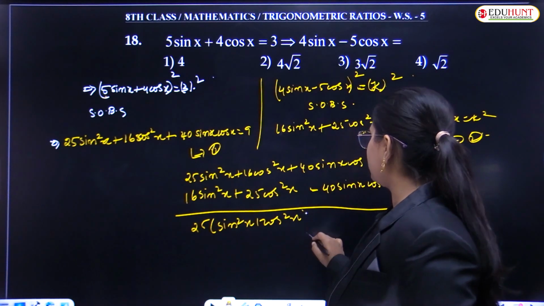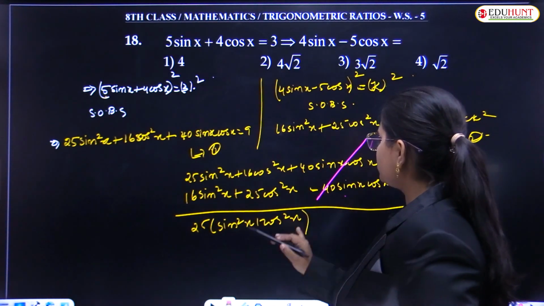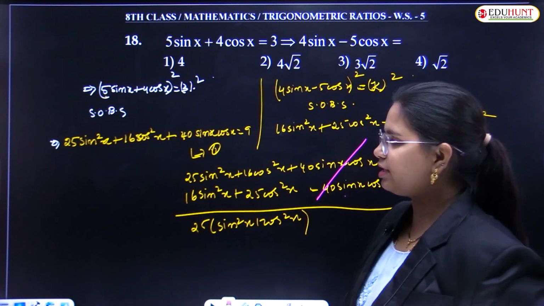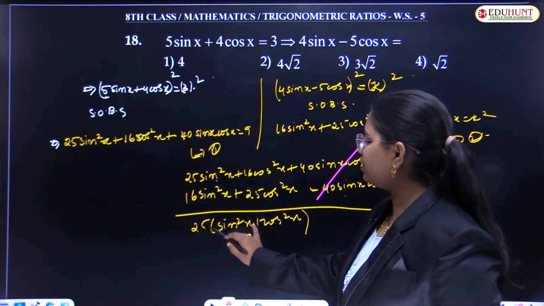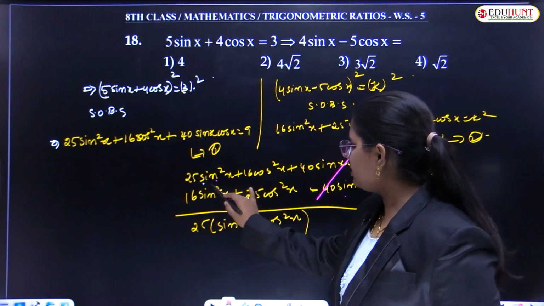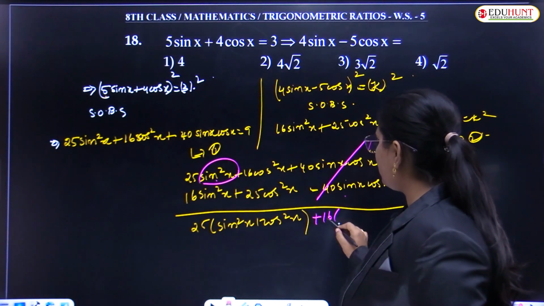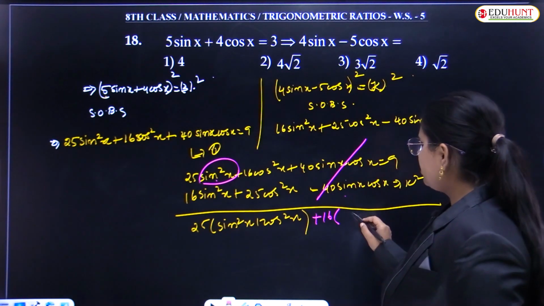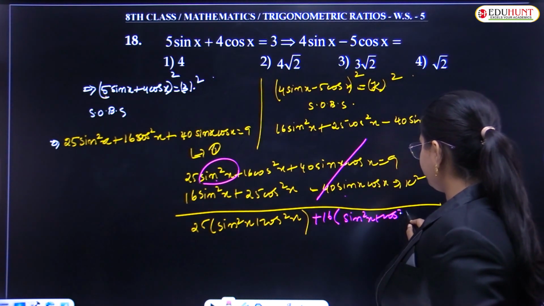If I add these equations, what am I doing? I am adding these two equations. So minus 40 sin x cos x plus 40 sin x cos x will get cancelled. So 25 sin square x, taking 25 common, we'll be left with sin square x plus cos square x. Similarly, if I take 16 common, what am I going to get? Again sin square x plus cos square x.